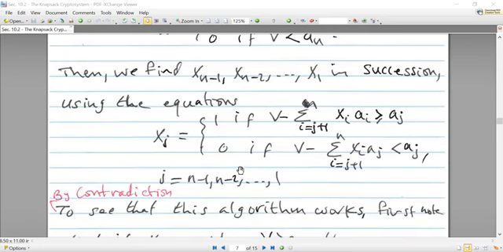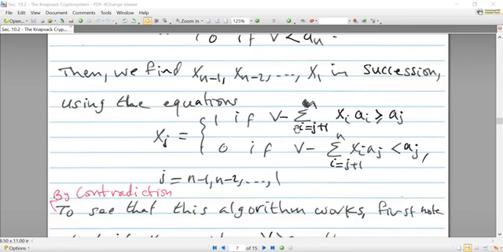Or we can write x sub j equal to 1 if V minus the sum over i equal j+1 up to n of xi ai is bigger than or equal to a sub j.